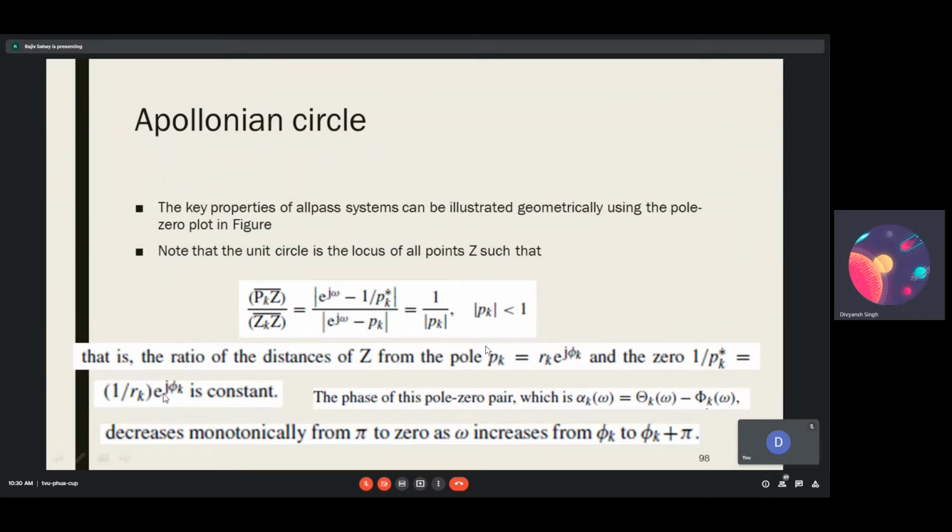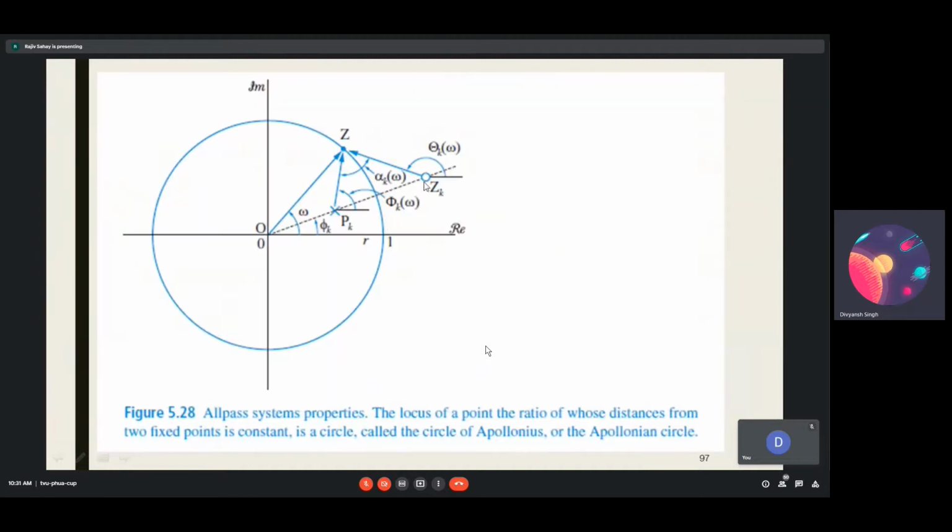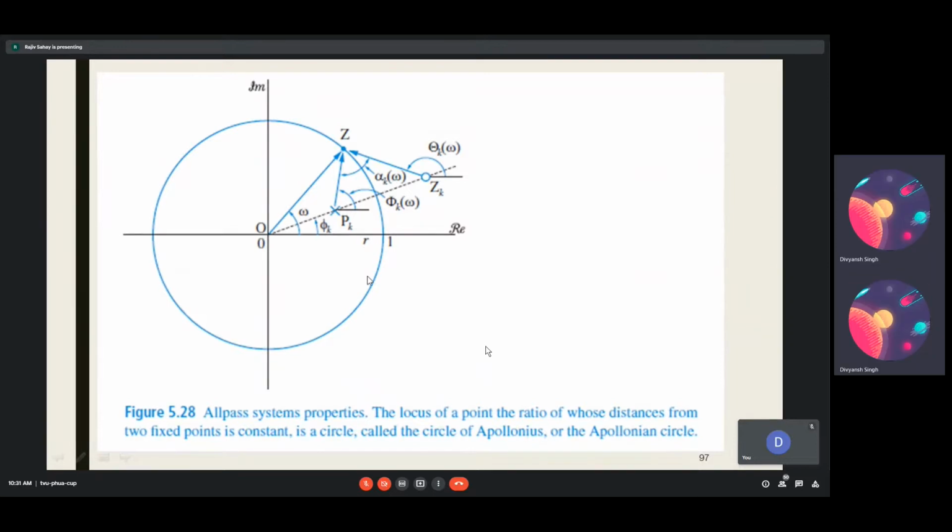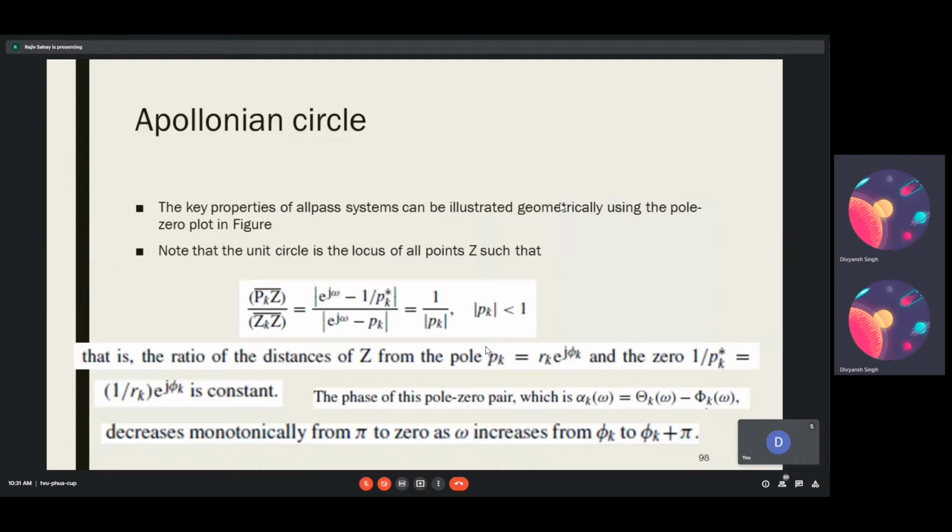This is the ratio of the distances. The zero that you see is actually the reciprocal of the pole. If I show you these distances, the point z moves on this unit circle, and it is the locus of the ratio of the distances.